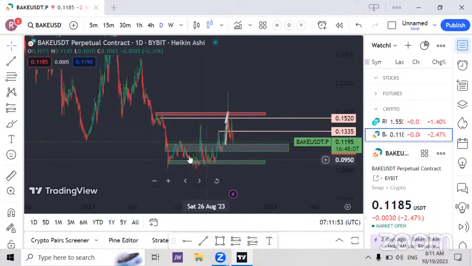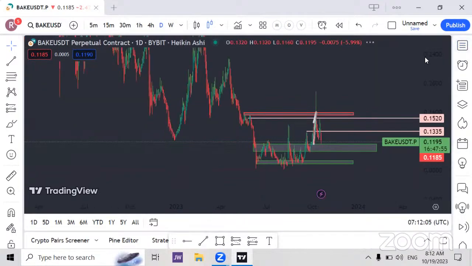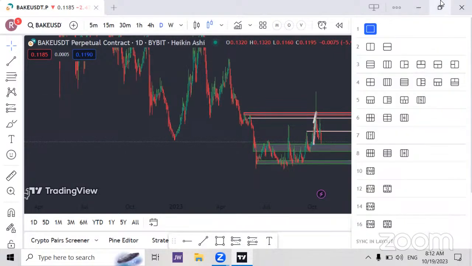Can you make your trading view on full screen? Yes, I'm putting on full screen. No, there is an icon at the top right. Once you click on it, it gives you the layout option.